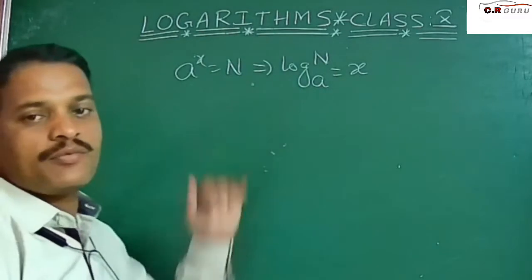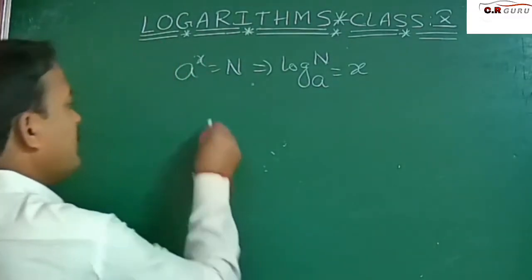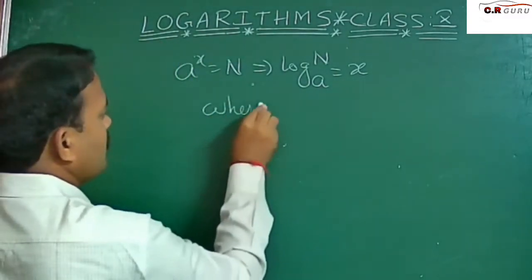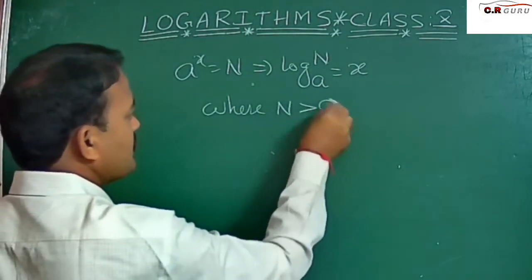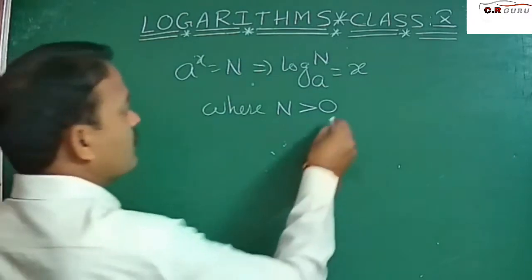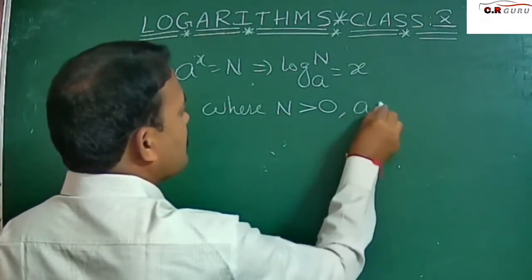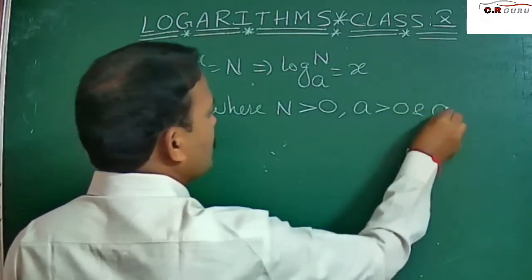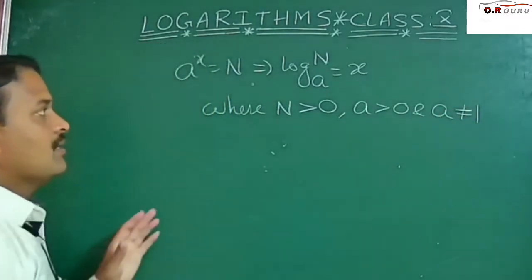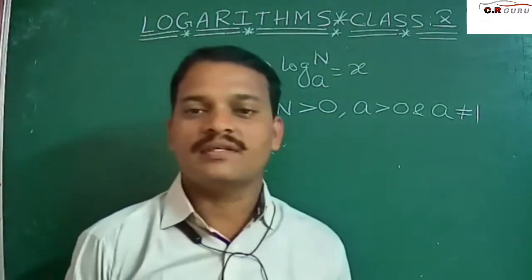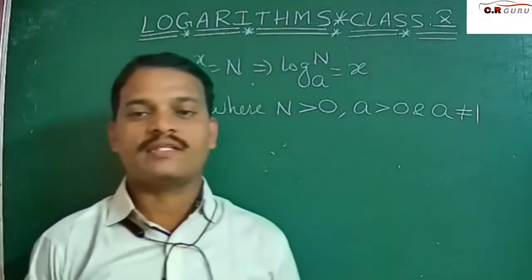This is the logarithmic form, where n is greater than 0, a is greater than 0, and a is not equal to 1. So this is the definition of logarithm.